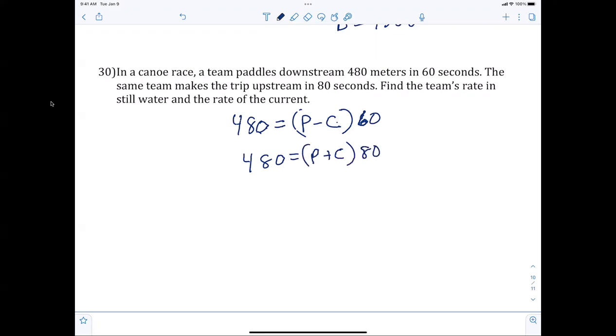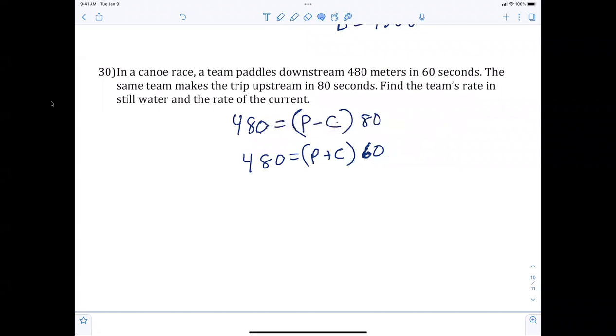Okay, now everybody's going to think just for a second, because I know this is where people make the mistake. If you're going with the current, it's going to take you more or less time. You see what I'm saying? So these two actually should just be what? Yeah, they should be switched. It's not really a big deal, but just switch them up.